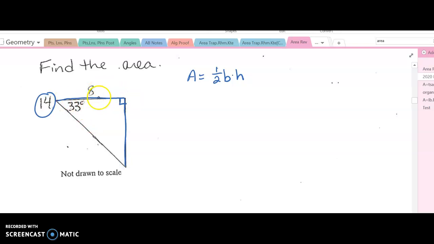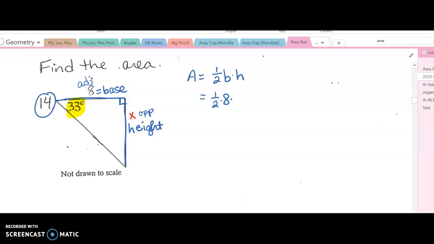The base and the height are the sides, and it technically doesn't matter who you call base and who you call height, but these are the two sides that I need. So I'm going to call the 8 my base, so that's 1/2 times 8 times height, and I don't know this guy over here. What I do know is this 33 on the inside, in which case this would be my opposite side and my adjacent side.